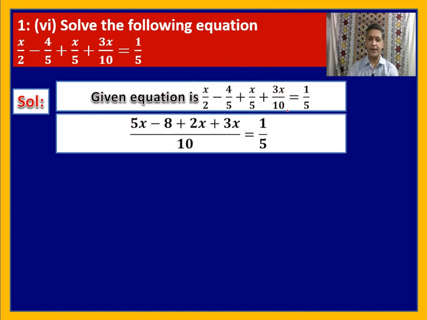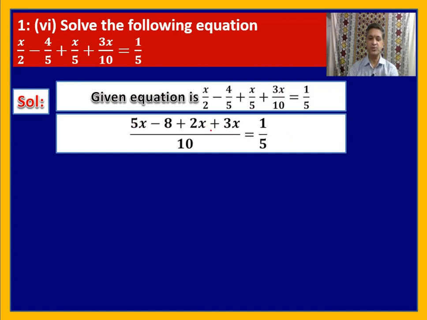The LCM is 10. So 2 cancelling 10 5 times, 5 into x, 5x, minus 2 cancelling 5 10 2 times, 2 into 4, 8, again 5 cancelling 2 times, 2 into x, 2x, plus 10 cancelling 10 one time, 1 into 3x, 3x is equal to 1 by 5.